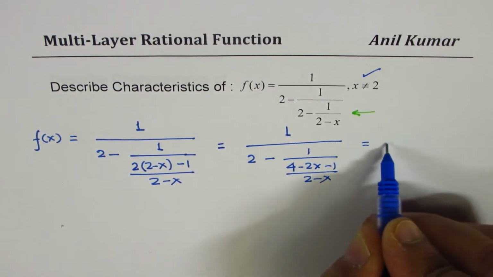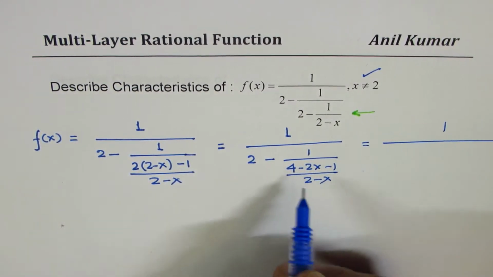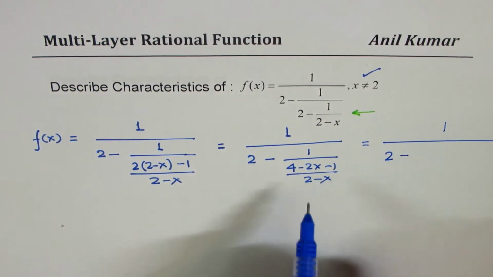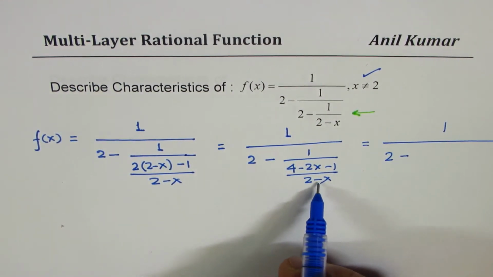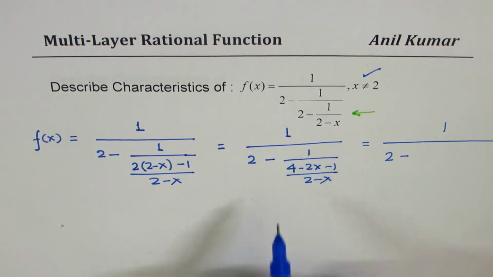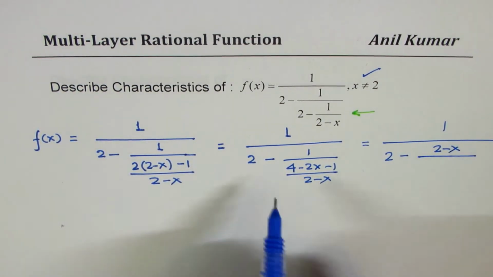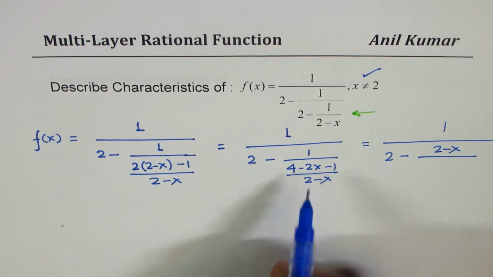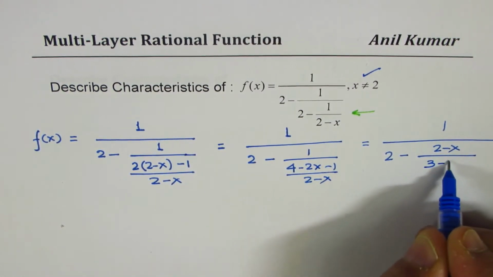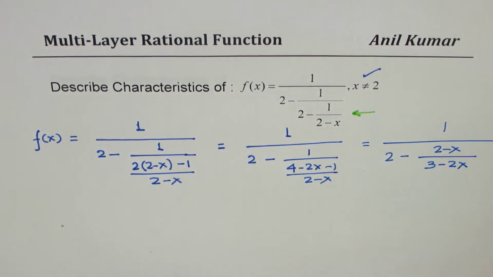Now this could be written as 1 over 2 minus, so now 2 minus x can be taken in the numerator, so we get 2 minus x here, and that simplifies to 3 minus 2x. Is it clear?